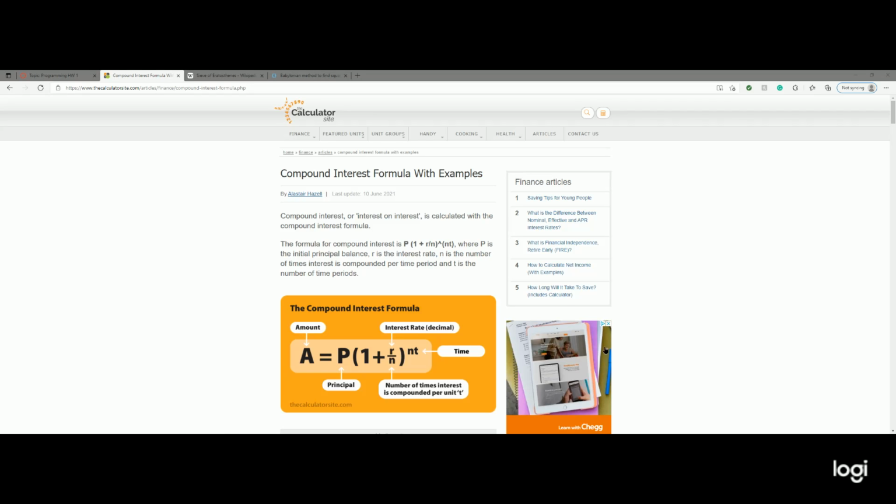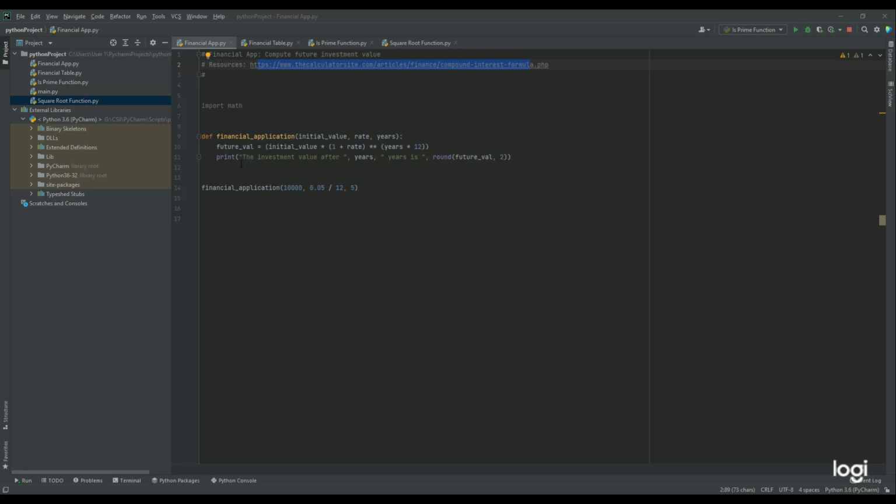I started by defining my function, which I named financial application, with three arguments: the initial value, the rate, and the years. These will go in as we input them later.